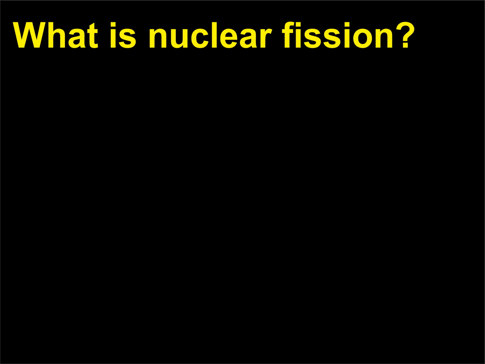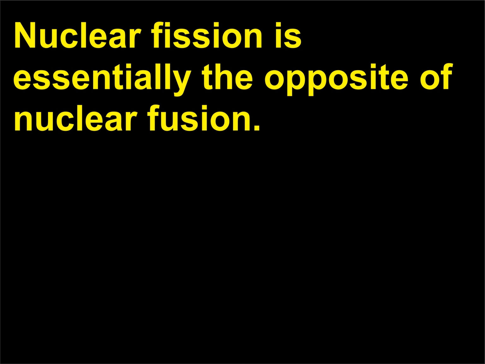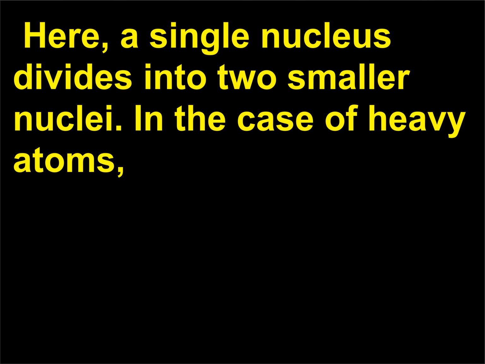What is nuclear fission? Nuclear fission is essentially the opposite of nuclear fusion. Here, a single nucleus divides into two smaller nuclei. In the case of heavy atoms, this is often accompanied by the release of heat.